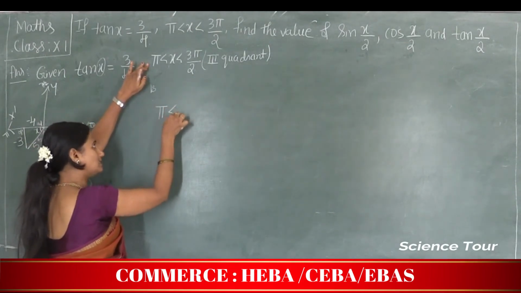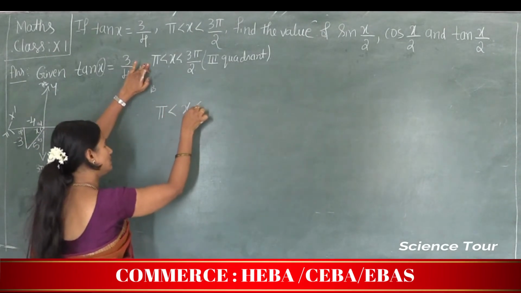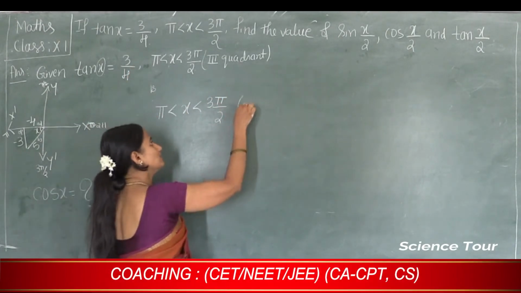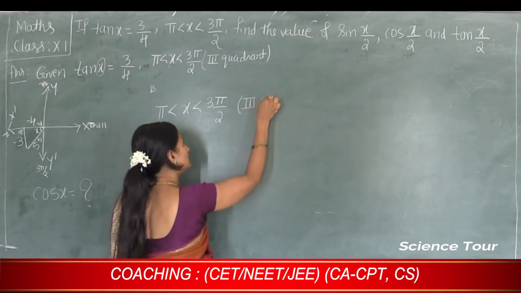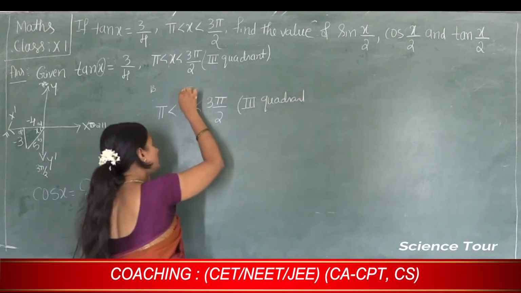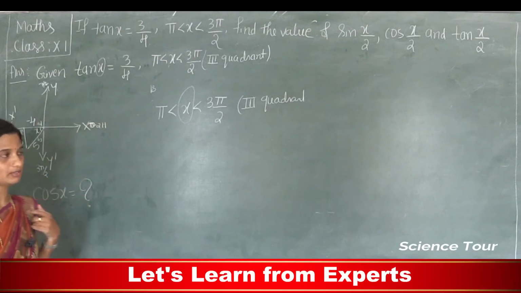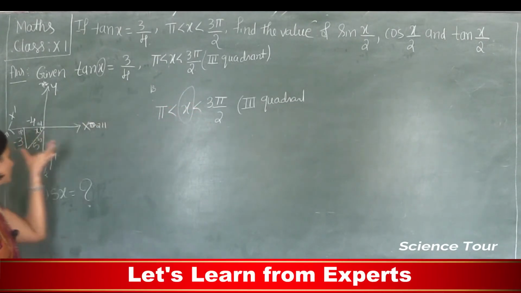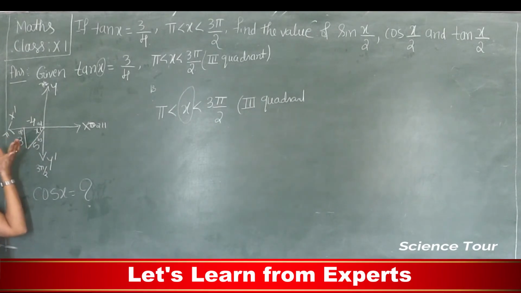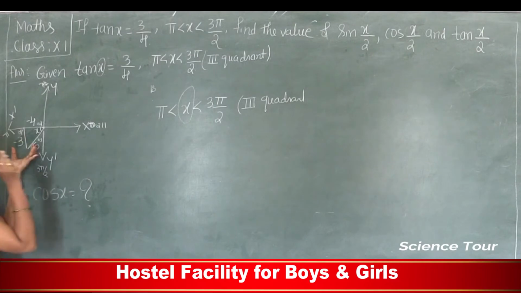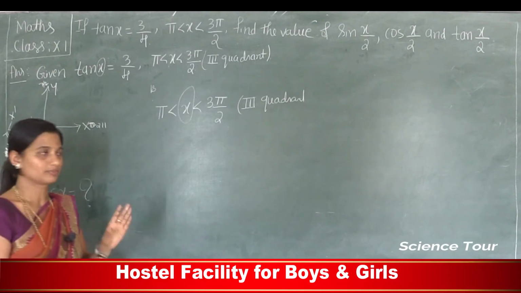Pi less than x less than 3 pi by 2. So this lies in which quadrant? This lies in the third quadrant. So whatever trigonometric function of x comes in the third quadrant, related to the third quadrant, we are writing the signs of those trigonometric functions, right?